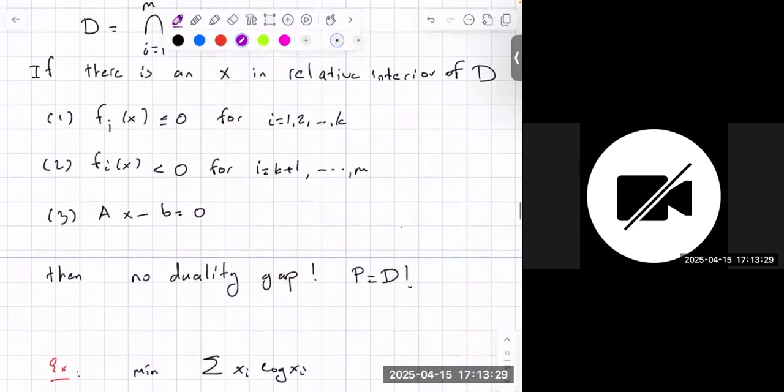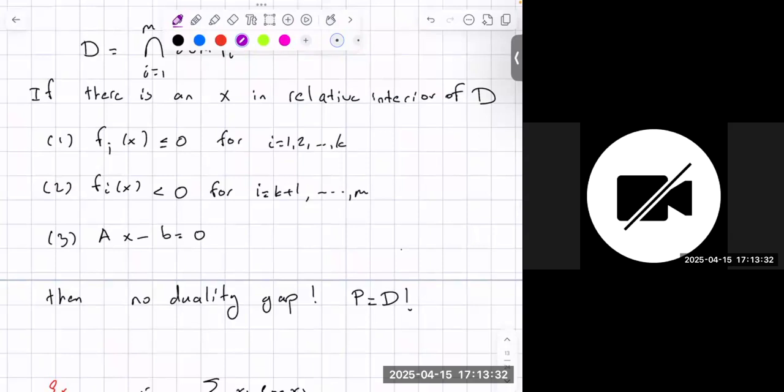And in that case, if there is any x in the domain such that for the linear ones, it's less than or equal to 0, and for the convex constraints, it is less than 0, what does this mean? This guy is not on the boundary.